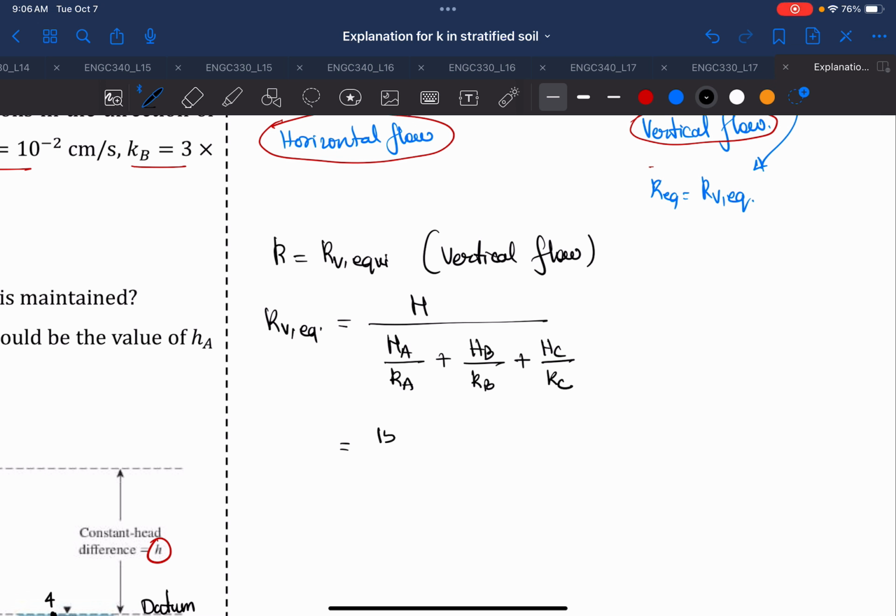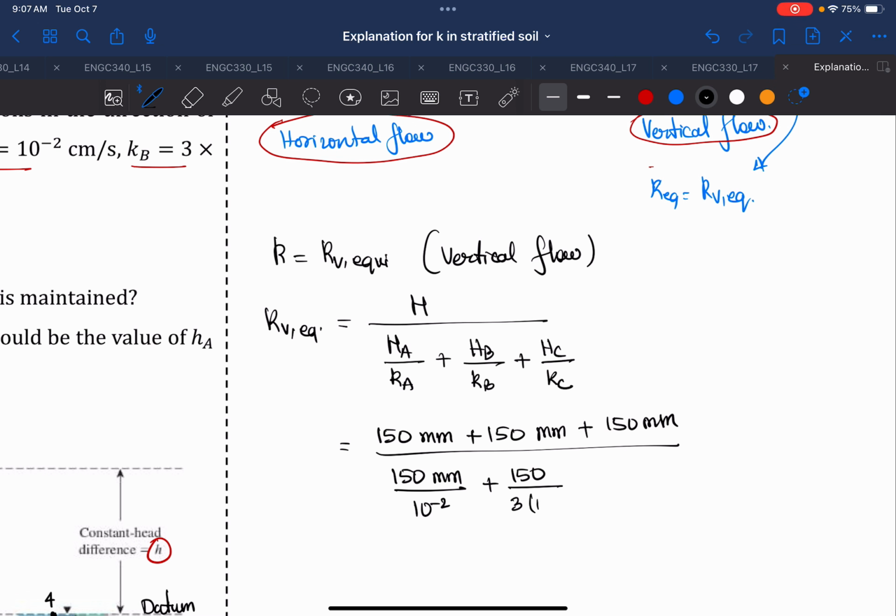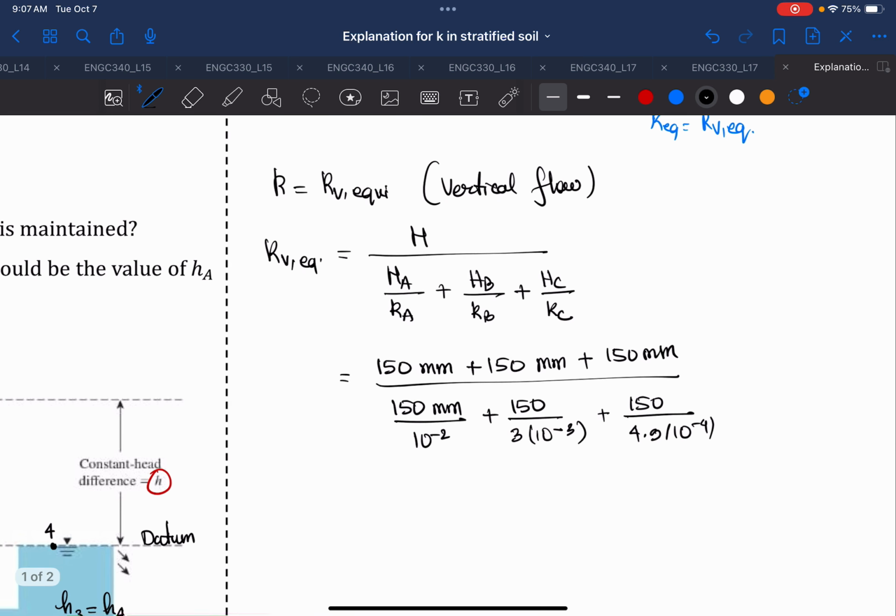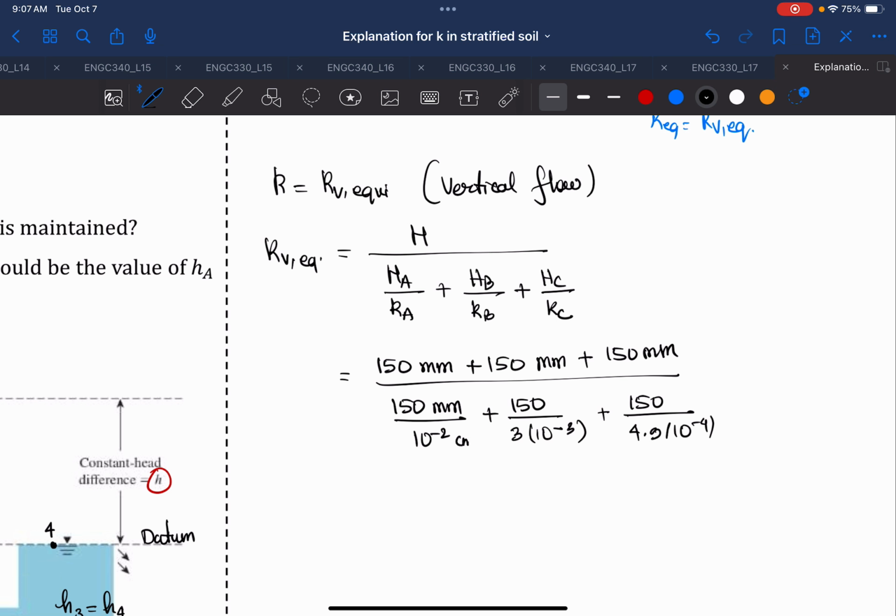In this case, each soil has a length of 150 millimeter, so the numerator will be 150 millimeter plus 150 millimeter plus 150 millimeter, and the denominator is HA, 150 millimeter divided by Ka. Ka is given to us, which is 10 to the power minus 2, plus 150 over 3 times 10 to the power minus 3, plus 150 over 4.9 times 10 to the power minus 4, and all these units are centimeter per second.